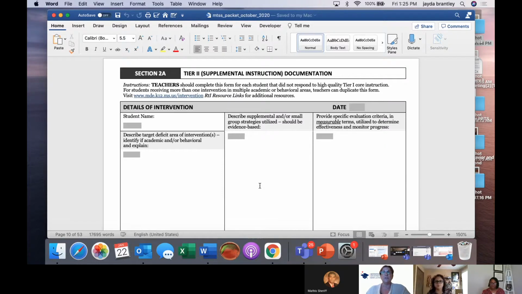Because basically, Tier 2 is something different from Tier 1. It's supplemental to Tier 1, so it supports Tier 1 and the Tier 1 standards, but it's going to be something that's different. So I've got to tweak something or alter something or add something, give something in addition maybe. I had students who, and here's just an example, we were working on prefixes.